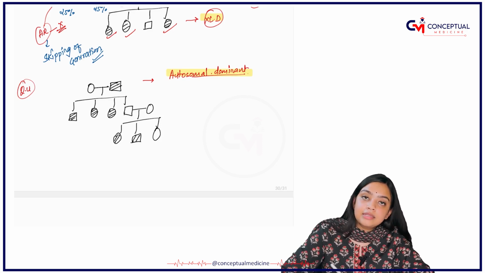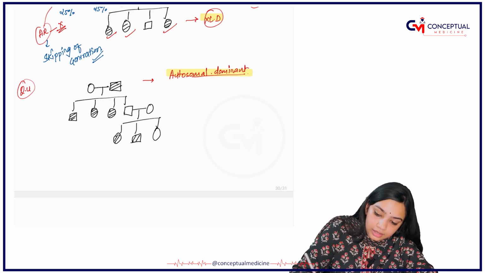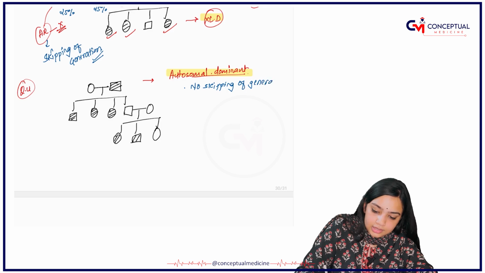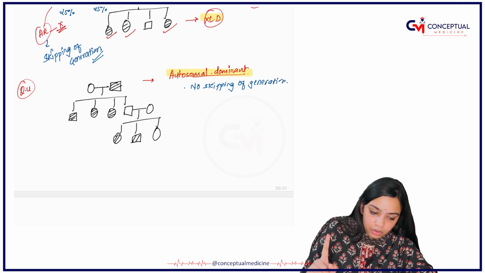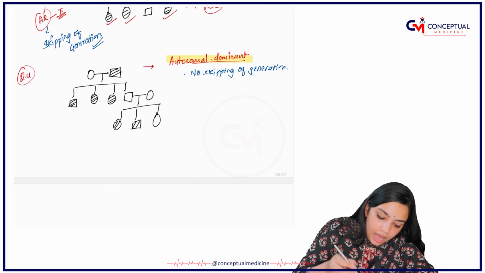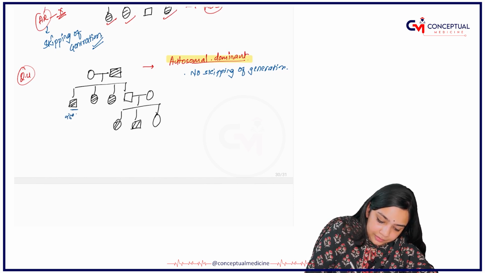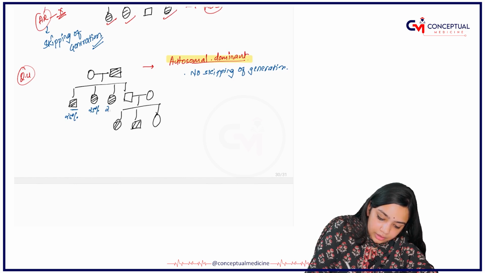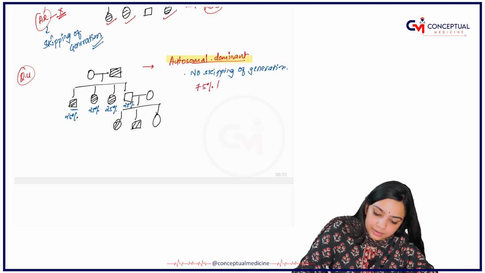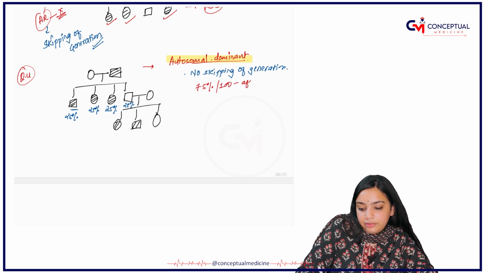See, here the males are affected. The second thing that we are able to appreciate is there is no skipping of generation. Next, out of 4 offsprings, 25%, 25%, 25%, 25% out of 100%, 75% is affected.